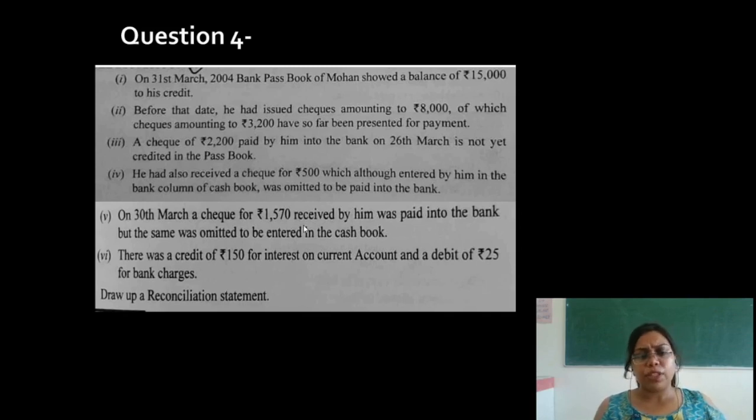There was a credit of rupees 150 for interest on current account and a debit of rupees 25 for bank charges. So the 150 rupees that had been credited to my account for interest, I would have increased if I was preparing from the cash book, but in this case I will deduct it.